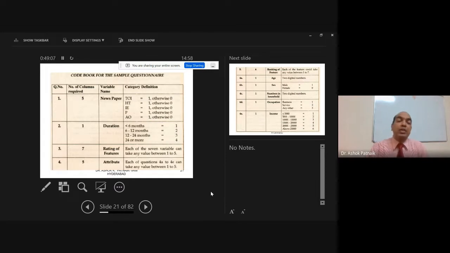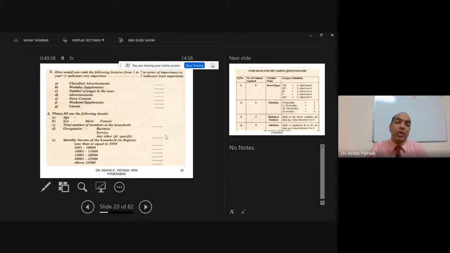If somebody says I have been subscribing to Times of India for less than 6 months, you can say 1. If he chooses the second option, 6 to 12 months, then you can give 2. If he chooses the third option, 12 to 24, you can give him 3. Otherwise, you can also give 1 to the option if it is selected, and 0 to the other options, and you can go on like that. So this is how you can do coding for all your questionnaires.